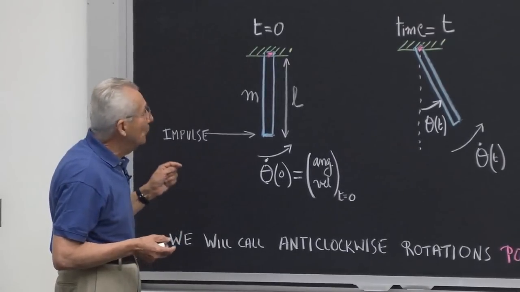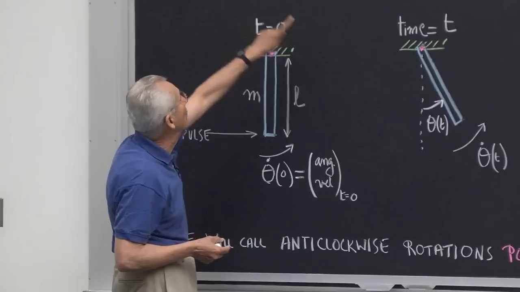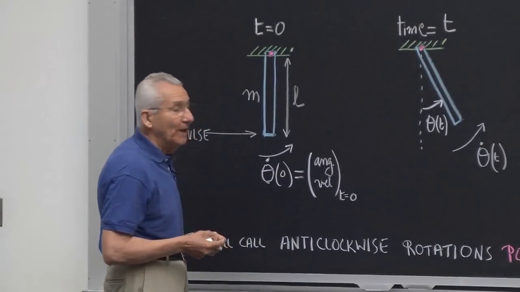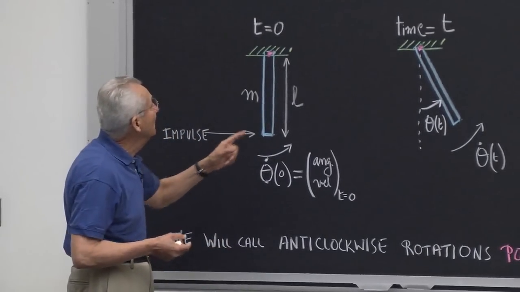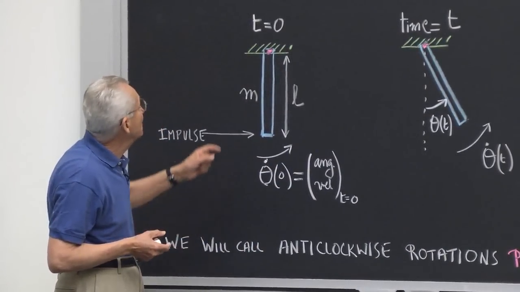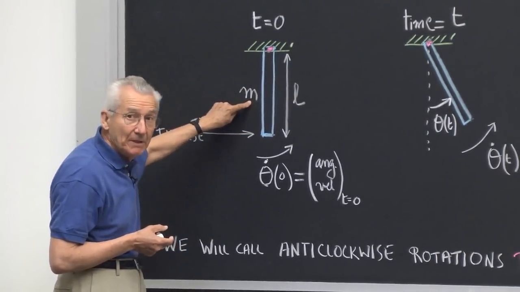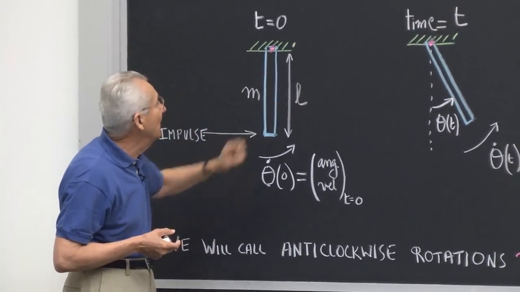Okay? We will consider rotations which are anti-clockwise, like this, to have a positive sign, and if it's clockwise, that's a negative rotation. This particular rod, we assume, has a mass m, it's uniform, length L.